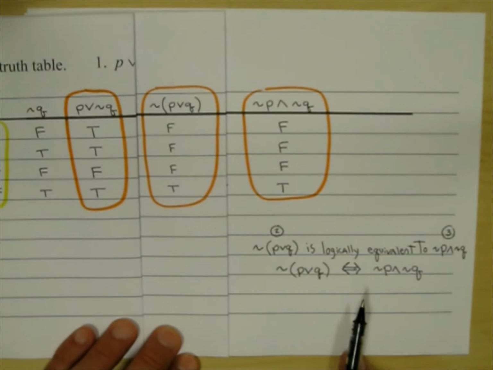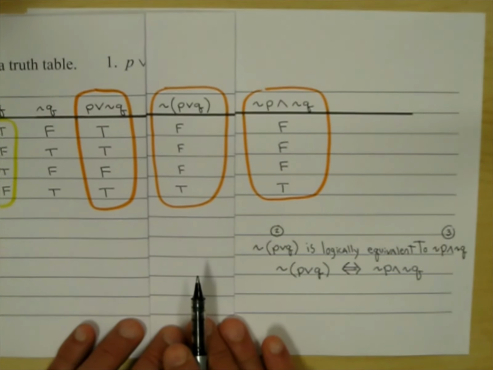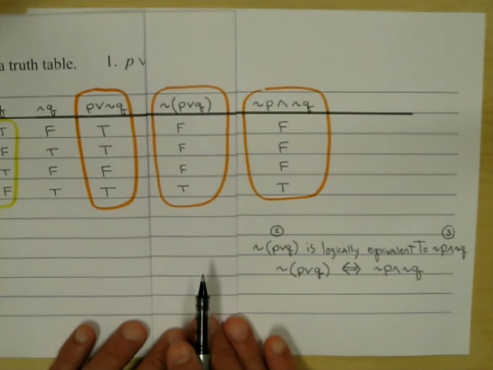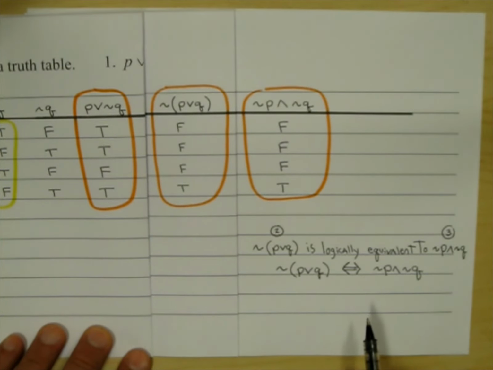Okay, so that's one thing to note, is truth tables, we do them. They do seem kind of boring and useless, but we can verify if statements are logically equivalent to other statements, and that's going to help us with logical arguments.